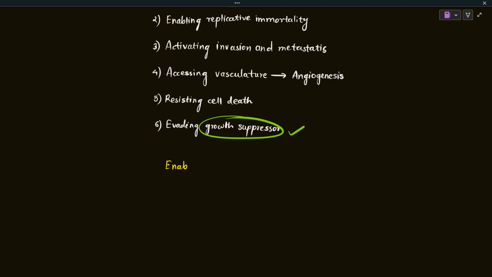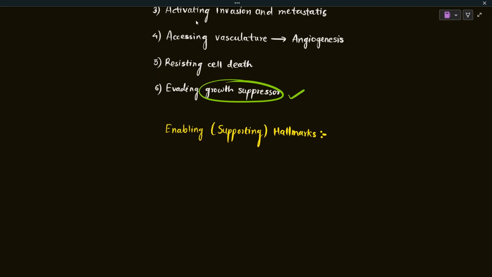They do not exactly define the cancer cells or the cancer properties, but they are supporting properties seen in the cells which are going to cause cancer or which are cancer cells. They do not specifically define cancer, but they are important because they are also a trait exhibited by cancer cells.